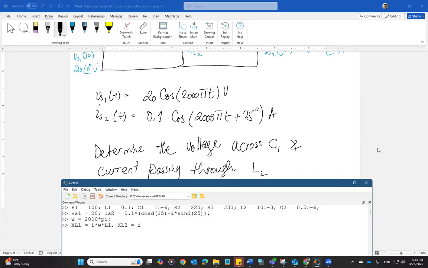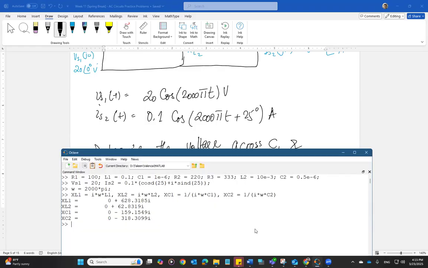XL2 is equal to I times omega times L2. And then C1 and C2: XC1 is equal to 1 divided by I times omega times C1, and XC2 is equal to 1 divided by I times omega times C2. So these are all the values of the reactances, right?